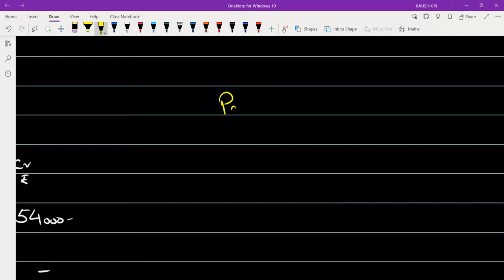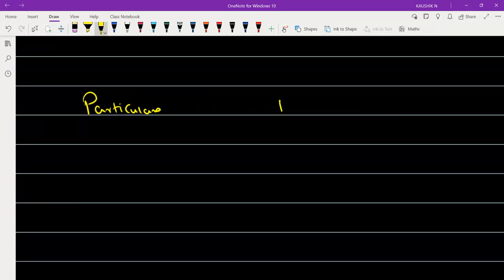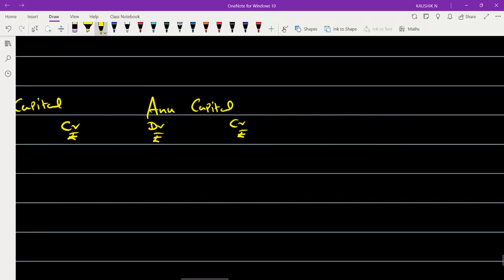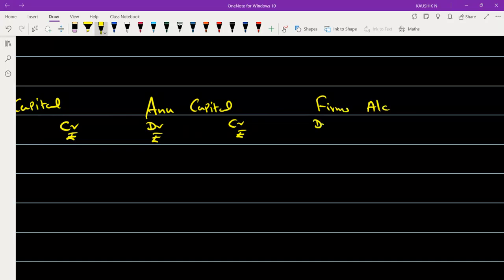So it will be as particulars, Pankaj capital debit credit with the rupees symbol, and then Anu's capital debit credit, rupee symbol, and then firm's account debit credit with rupee symbol.